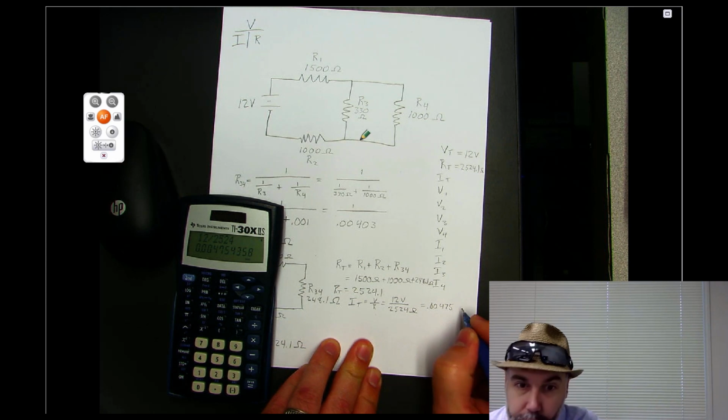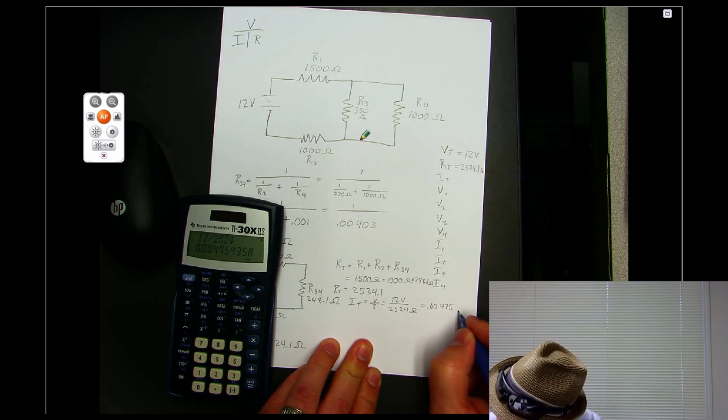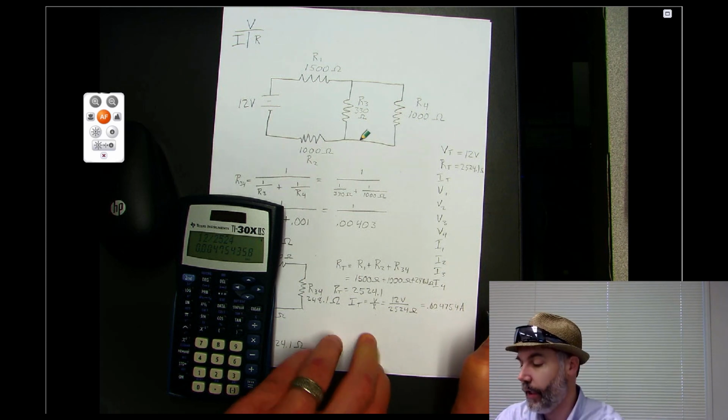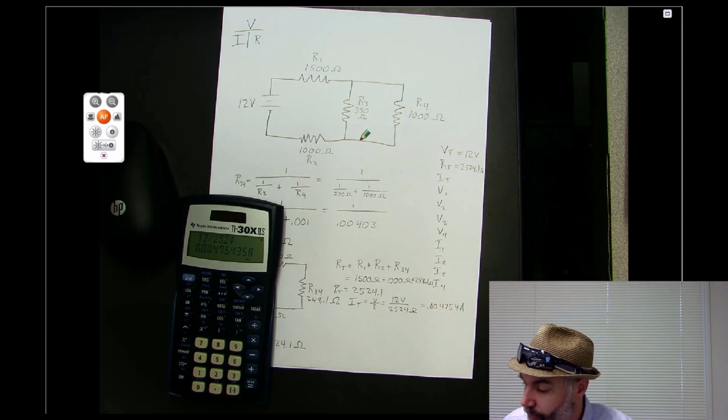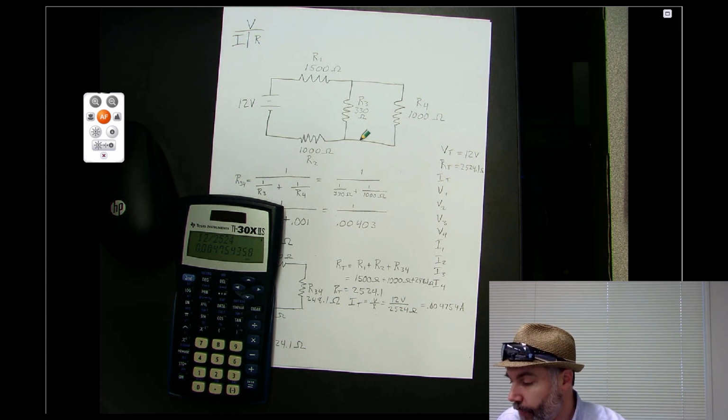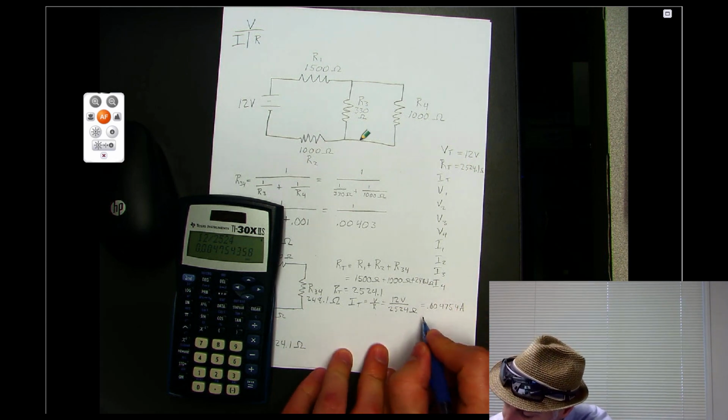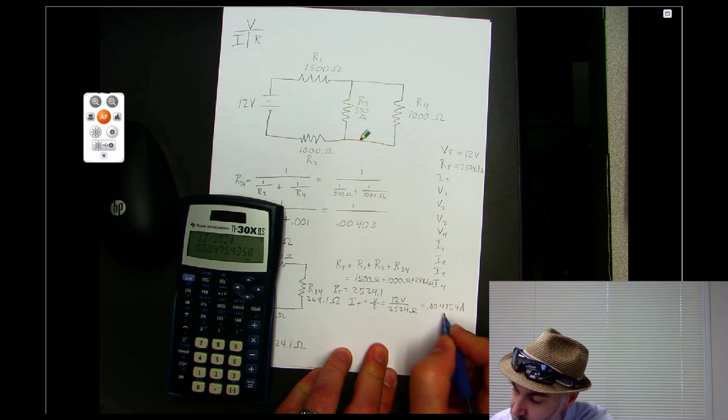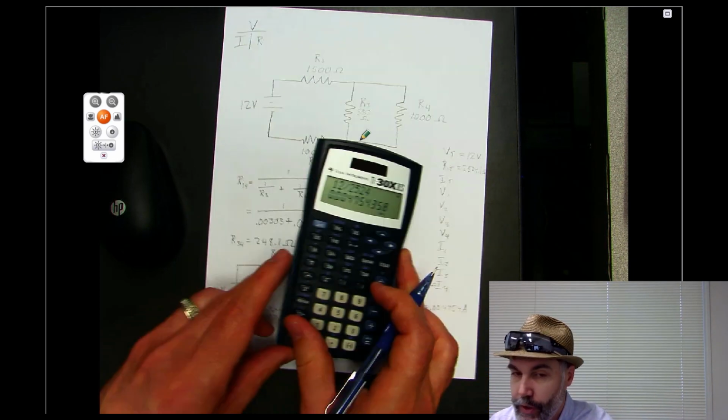Five, 4 amps. Okay? So this is the current, and so we could convert that to milliamps if we wanted. We would multiply that by 1,000 to convert to milliamps.